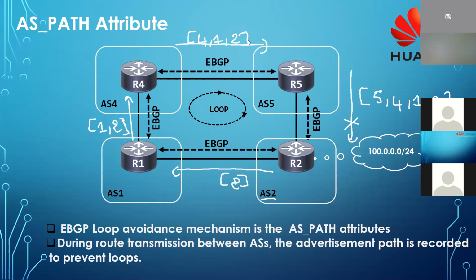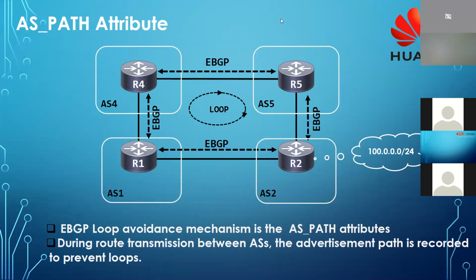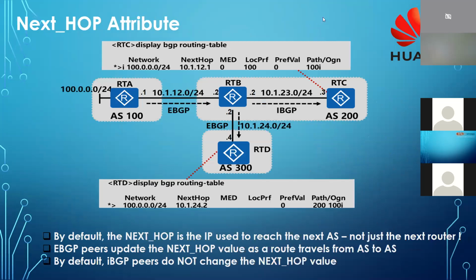So this is how BGP uses the path attribute to avoid loops. The second path attribute is the next hop. The next hop changes depending on whether we are eBGP or iBGP. In this case, for example, RTA will send this prefix to RTB via eBGP.